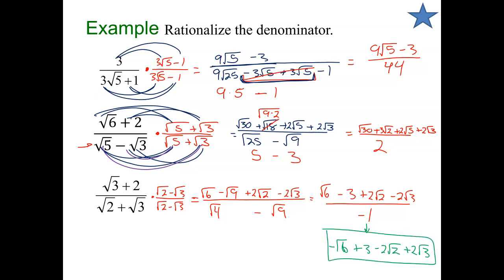Your conjugate, root 2 minus root 3, on the numerator and denominator. Do your distributive property. You're going to end up with 4 terms in your numerator. The only one you can simplify is the square root of 9.